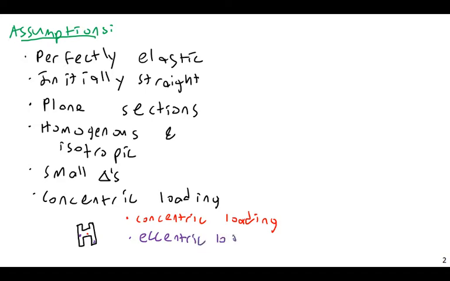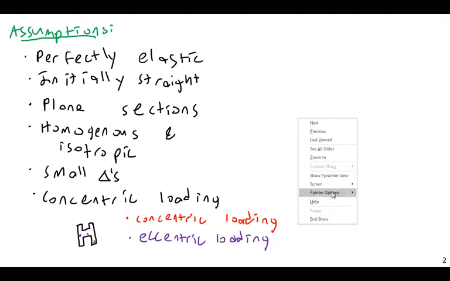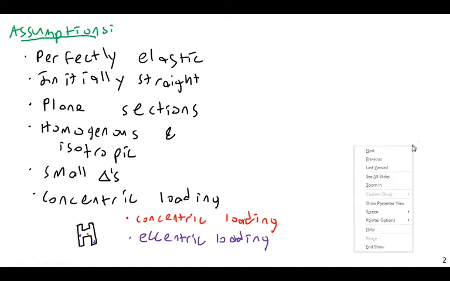The problem with that, which there are ways to design for and it's really not too bad, is that you have to deal with something called the P delta effect, which we'll not quite get to in this course. It's a bit beyond the scope. The problem with eccentric loading is that the load is not lined up exactly with the centroid of the member.